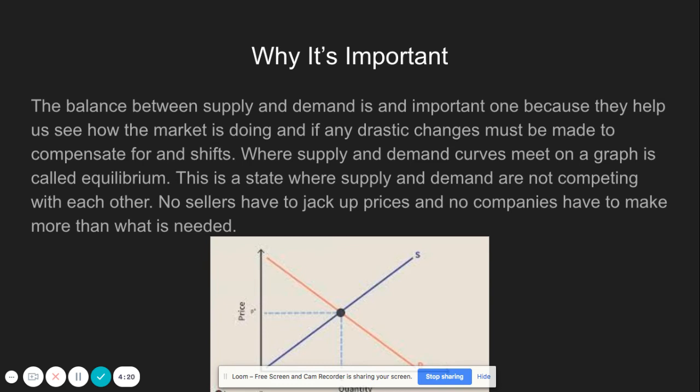It's called equilibrium. That means nothing is above or below each other, meaning sellers won't have to jack up their prices, and companies no longer have to make more than what they need to. They still have to make more, but not as much as they need to, wasting money and therefore supplies. So, yes.